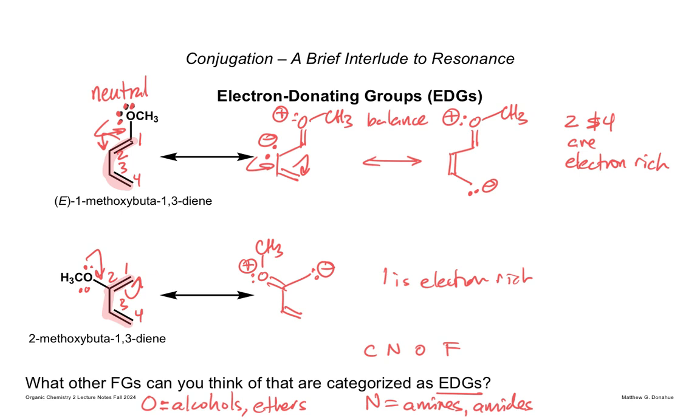So halogens, F, Cl, Br, I. We'll talk more about their properties when we get to aromaticity. Those all have 3 lone pairs of electrons. To a certain extent, they can resonate those electrons, but then the issue is, as you go down the group, size increases.